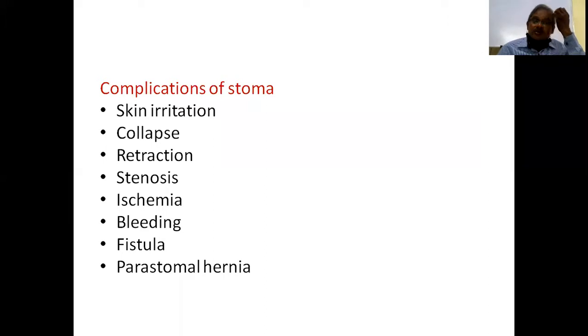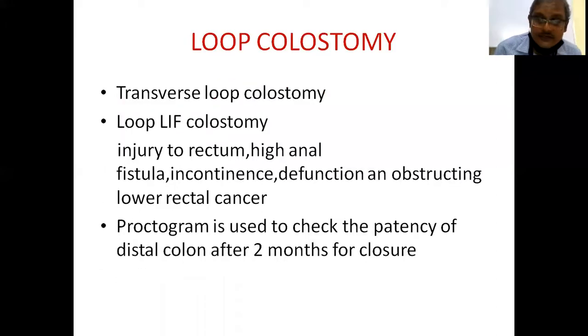And last but not the least, and in fact the most common complication, is parastomal herniation. Parastomal herniation in long-standing cases may go up to 50% of the cases. So a large part of the peristomal area will be occupied by the bowel contents, and there may be a huge herniation, which is technically difficult to operate on.